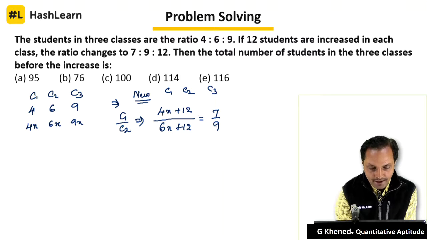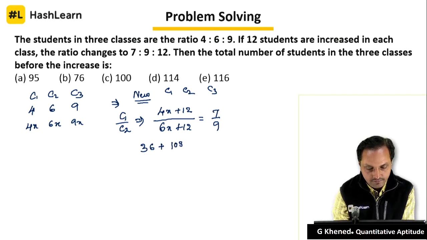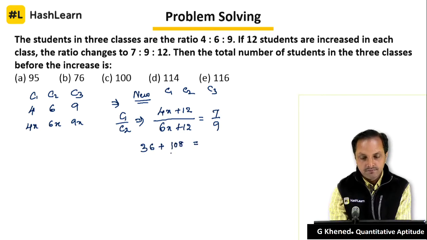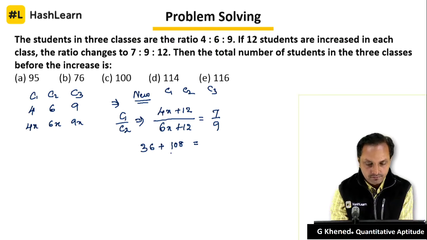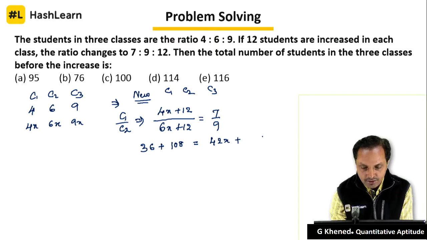When you cross multiply, 9 4s are 36, 12 into 9, 7 6s are 42x, then 12 into 7.